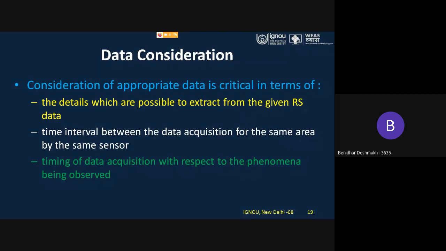The column of water present over those features will hinder my analysis or my extraction of the feature that I am interested in. So that is particular to the case of coastal areas. And we also need to be careful if I want to study the crop pattern.